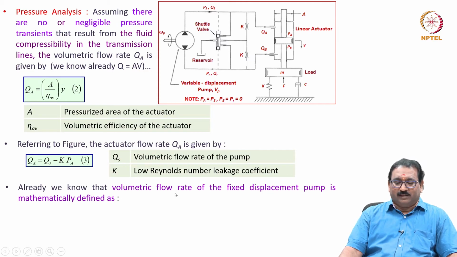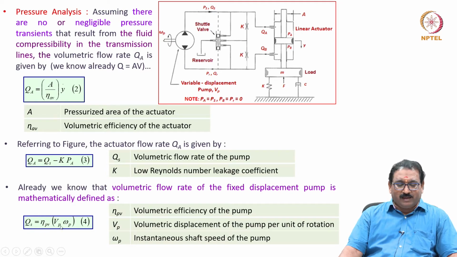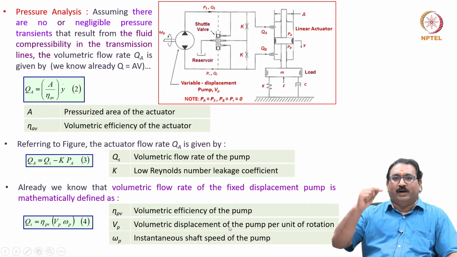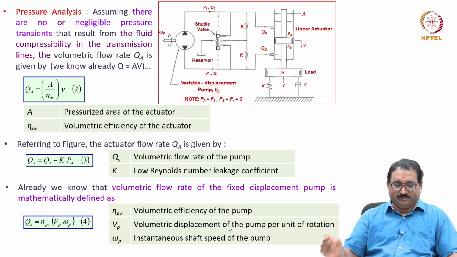Already we know that the volumetric flow rate of the fixed displacement pump is mathematically written as QS equals the volumetric efficiency of the pump multiplied by Vp into omega P, where Vp is the volumetric displacement of the pump per unit rotation, and omega P is the instantaneous shaft speed of the pump.